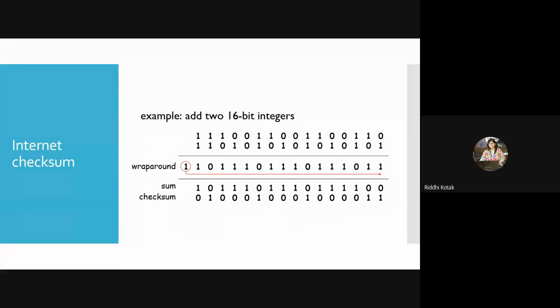Over here you have to remember the two conditions. Only two possibilities are there. First you have to do the addition. At the MSB, most significant bit, you have to check. If the carry is 0, then it's okay. But if the carry bit is 1, like in our given example, at that time you have to do a wrap around. Wrap around is nothing but adding that MSB carry of 1 to the LSB.